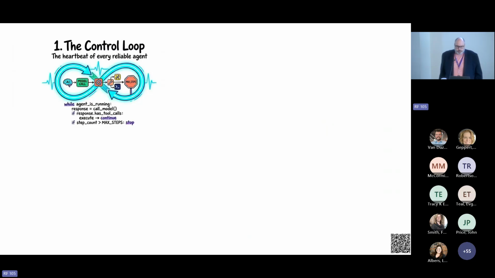So if we start with the control loop, we need a process that overall is asking the question, are we making progress? How is this running? Are we doing the same thing over and over and over again? I was talking to a colleague recently who was building a tool to search PubMed.